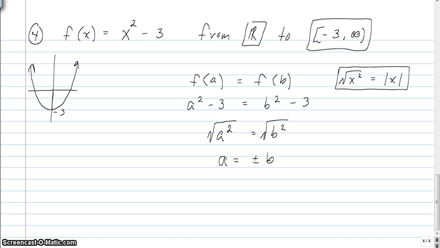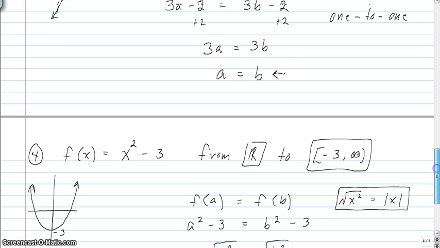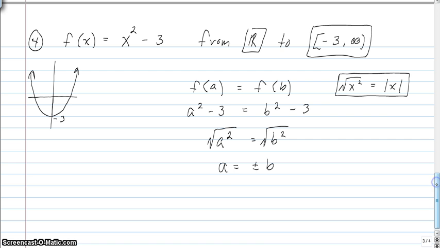Or equivalently, on both sides you would have an absolute value. But either way, you didn't really end up with the conclusion that a was equal to b. In fact, what I ended up with here is that a could be either positive b or a could be negative b. So it looks like we can't conclude that a and b are the same. So that might be a hint that this function's not one-to-one.